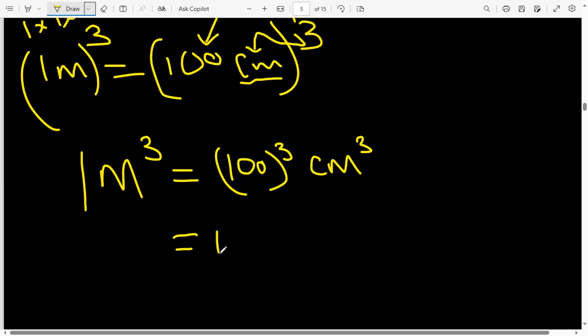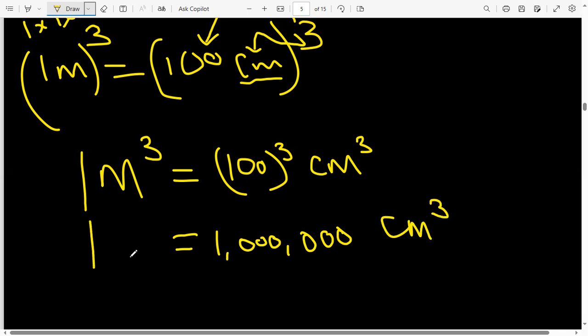But anyway, let's just write it. So a million is something that has 6 zeros, right? Okay, so your calculator will give you this value. So 100 to the power 3 is going to give you this, and then cubic centimeters like that.